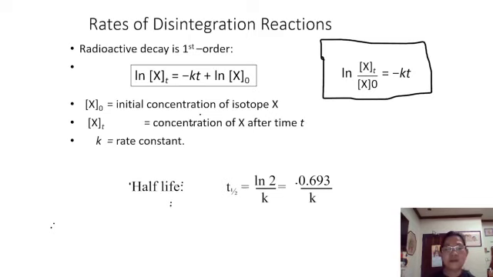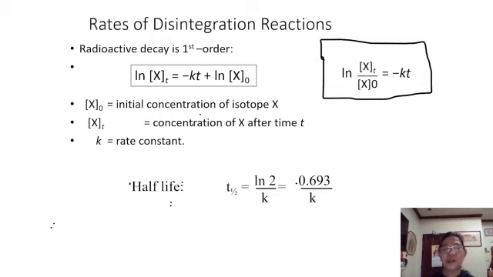Okay, so we have a formula for half-life. The formula for the decay reaction is natural logarithm of Xt is equal to minus kt plus natural logarithm of X0.